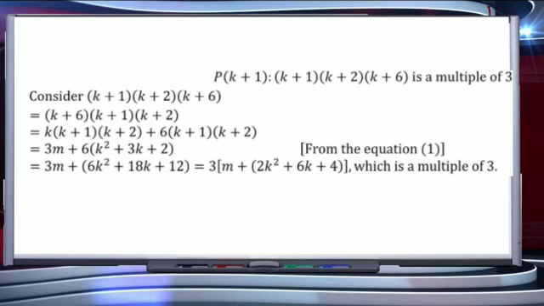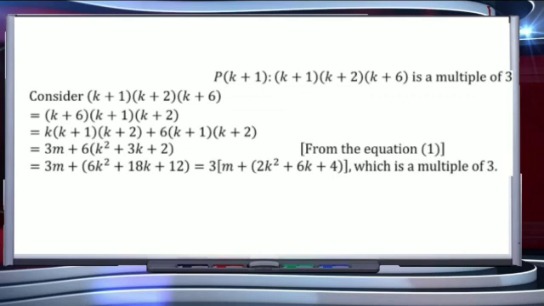So the rest is 6 times (k plus 1) into (k plus 2). As we can clearly see that 3 is common between the two, so we will take it out. When we take 3 as common, we are left in the bracket with m plus 2k square plus 6k plus 4.